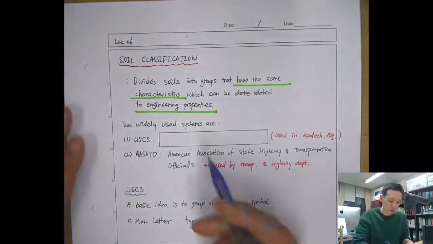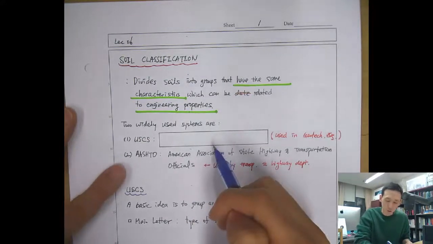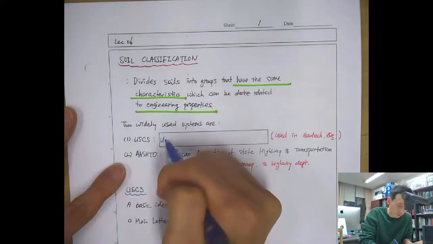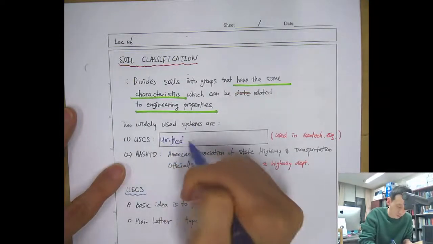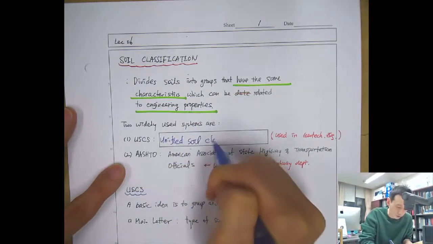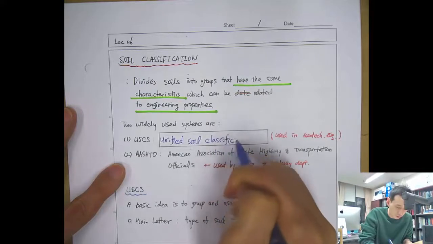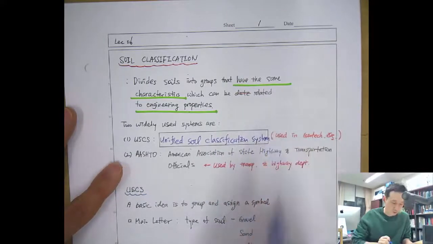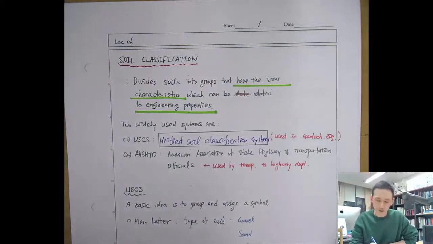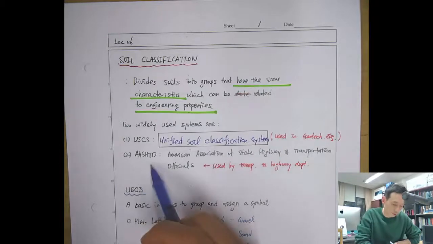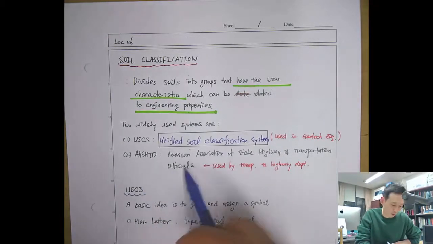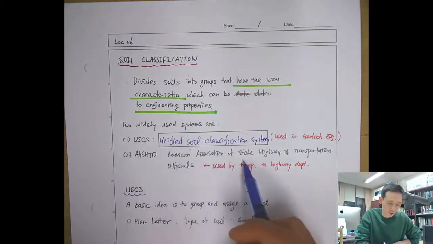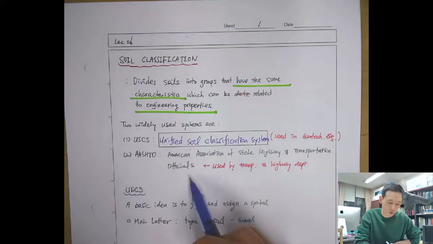There are two widely used systems. One is the Unified Soil Classification System, USCS, and there's another one, AASHTO, which was developed by the American Association of State Highway and Transportation Officials.